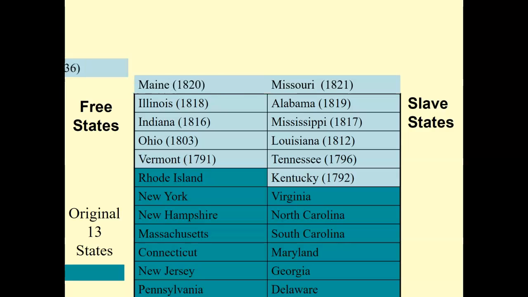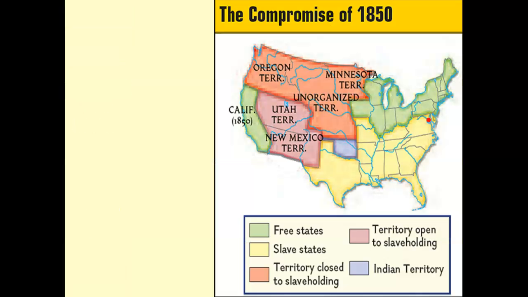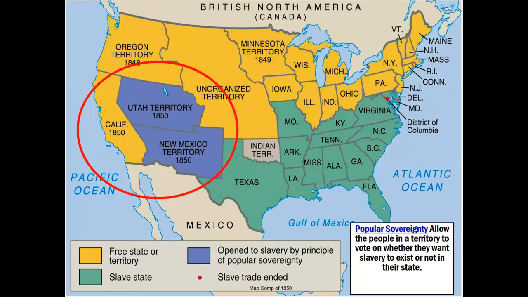You go to the map here, okay? See this unorganized territory right here? It's a bigger map. There we go. See this unorganized territory right here? That's all Louisiana Purchase lands, right? Well, if you guys know a little bit of geography, please tell me you know a little bit of geography, okay? What state is right there?